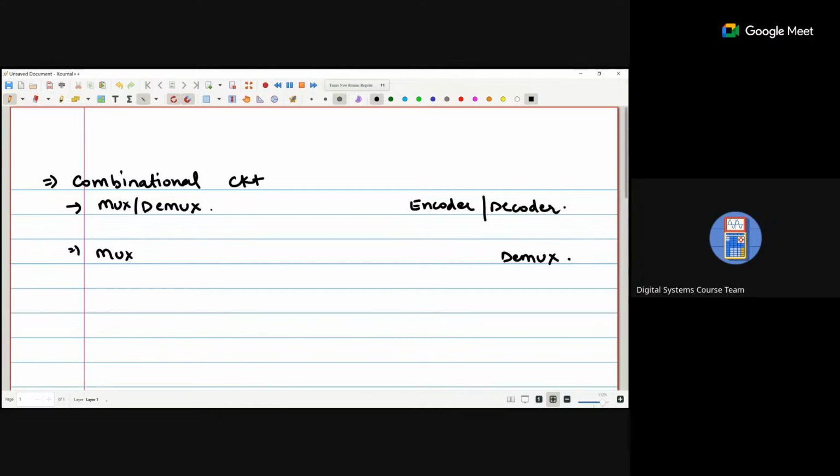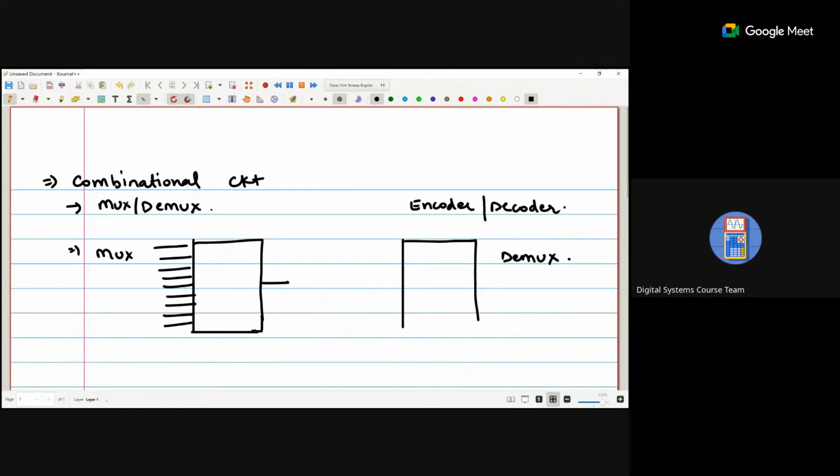Okay. What will the mux do? It will combine multiple inputs into a single line. And what does the demux do? It will again convert single line data to multiple lines.